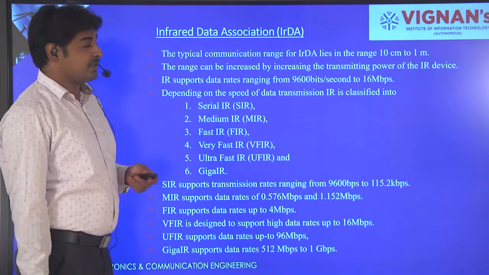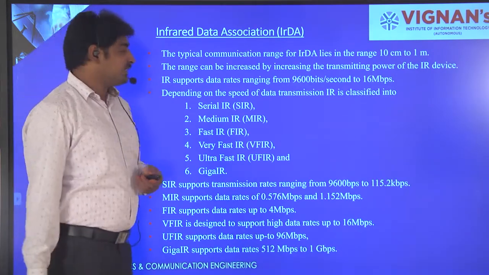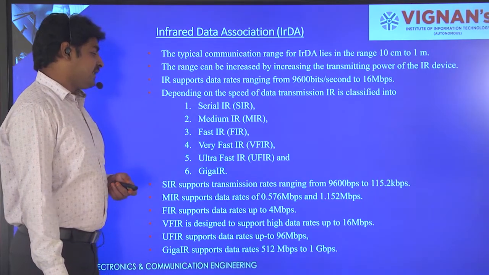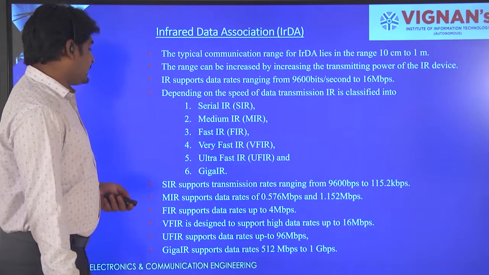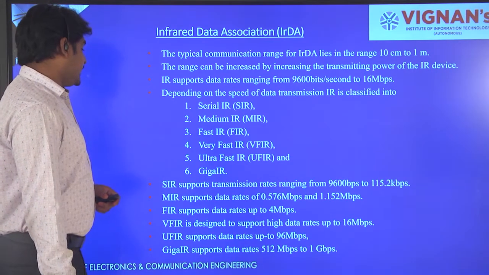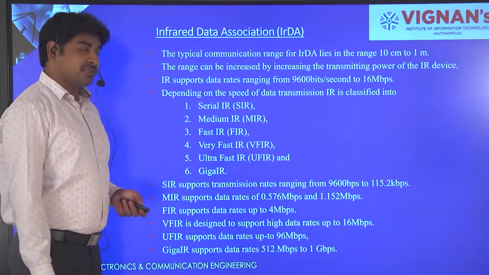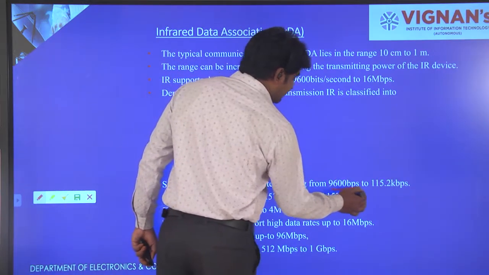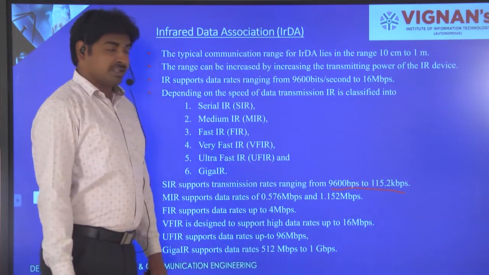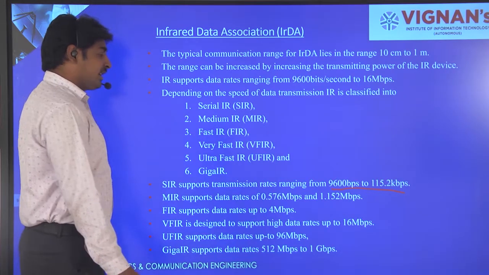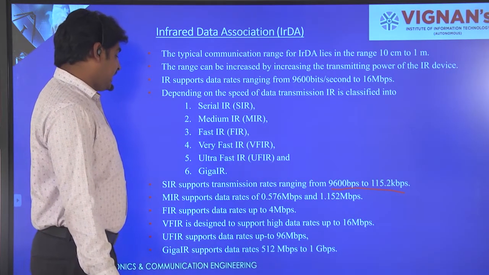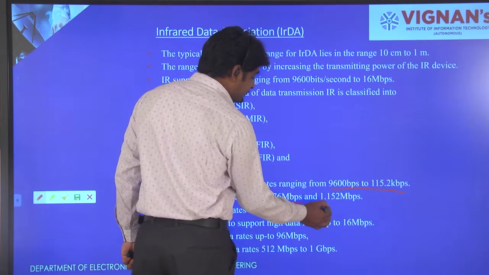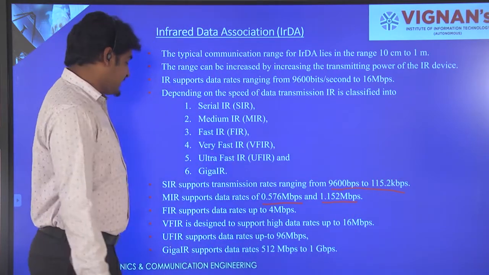Depending upon the speed, these IR devices are classified into serial IR, medium IR, fast IR, very fast IR, ultra fast IR, and giga IR. Serial IR has transmission rates ranging from 9600 bits per second to 115.2 kilobits per second. Medium infrared has a data rate of 0.576 megabits per second to 1.152 megabits per second.